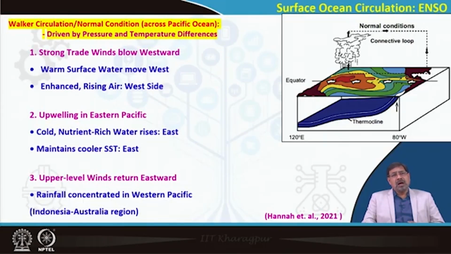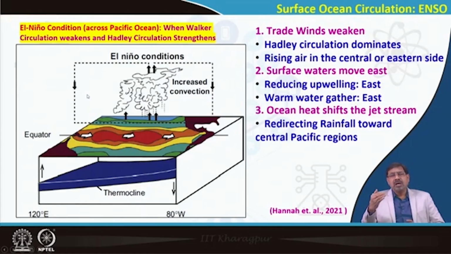And then the upper level winds return eastward, and rainfall is concentrated in the western Pacific. In terms of the southern one, you can see the Indonesia and Australian region.